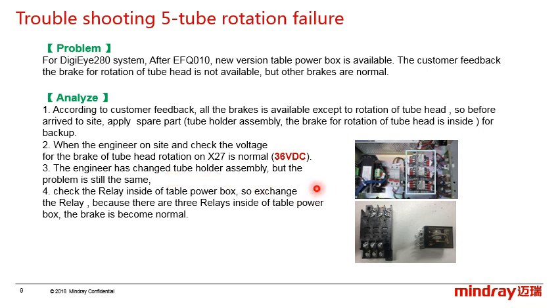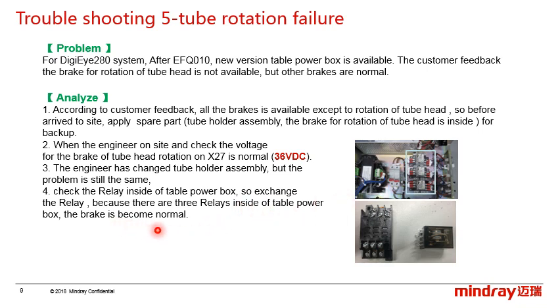So the engineer changed the tube holder assembly, but the problem is still the same. And the last, we check the table power box circuits, and there are 3 relays inside the table power box.